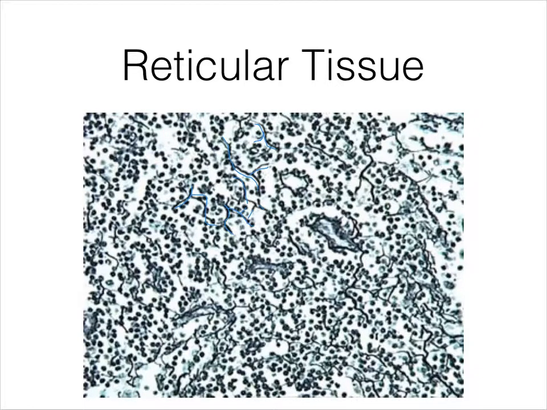And there is a relatively dense population of cells being held in place. Most of these are going to be white blood cells, but not all of them. And so this is reticular tissue, probably from a lymph node.